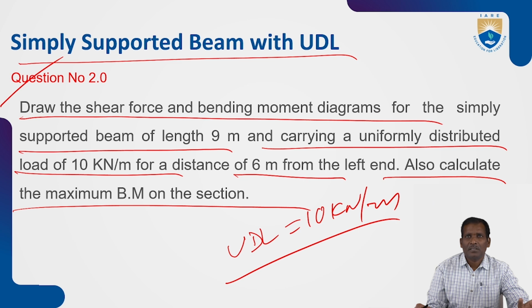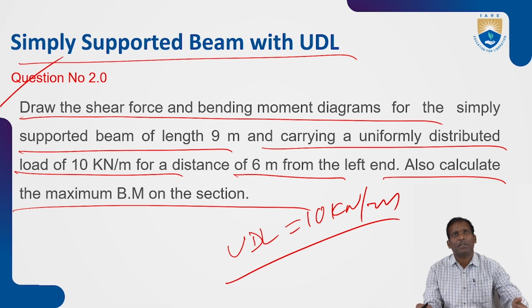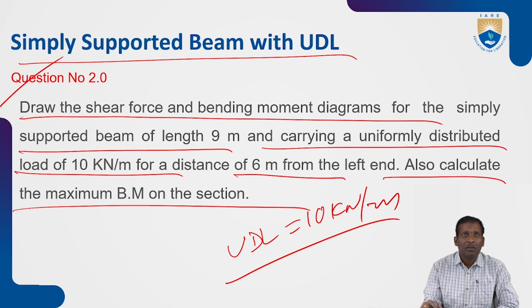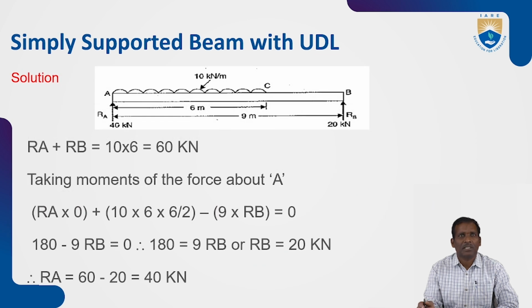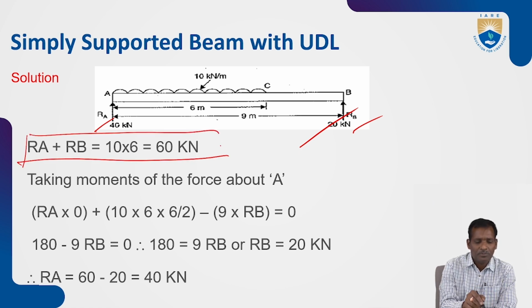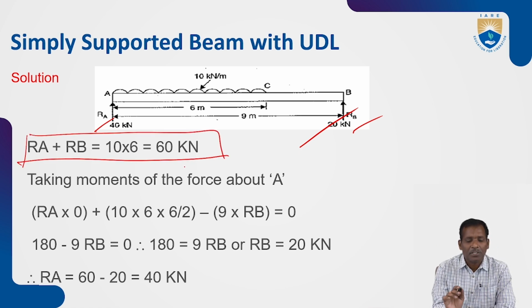So, in this, the type of load is UDL. First you convert into point load, and then all shear force calculation and bending moment values remain same as point load. Simply supported beam with point load conditions. See, the given load diagram, RA and RB you should calculate. RA plus RB is 60 kilonewtons. Why?